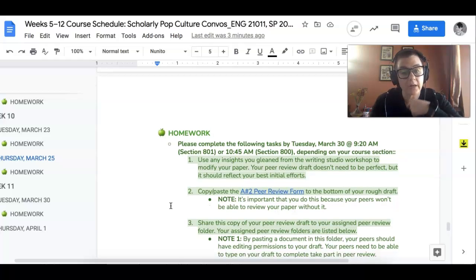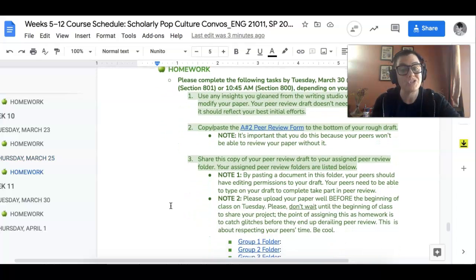And then for homework, based upon what you learned in the Writing Studio, I want you to revise your assignment 2 draft even more, so that it's basically reflecting the best that you can do so far. Then I want you to copy and paste the peer review form onto the bottom of your rough draft.